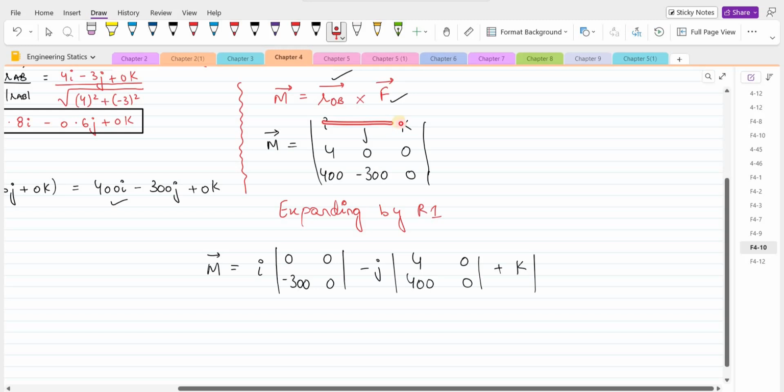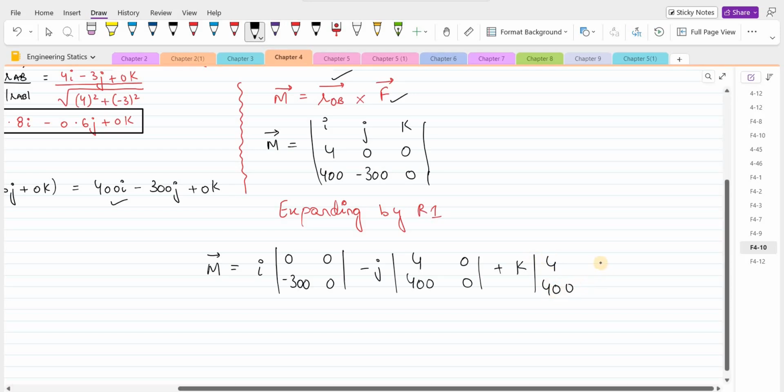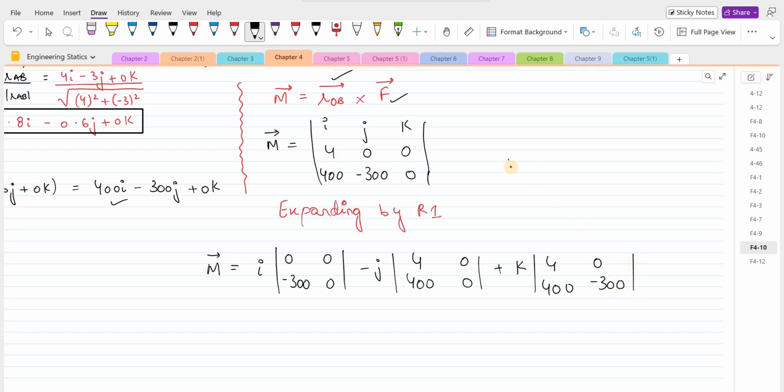We ignore these elements and only consider these four: 4, 400, 0, negative 300. So now it's a determinant of a 2 by 2 matrix. If I have a 2 by 2 determinant of elements A, B, C, D, then we can write it as A times D minus B times C.